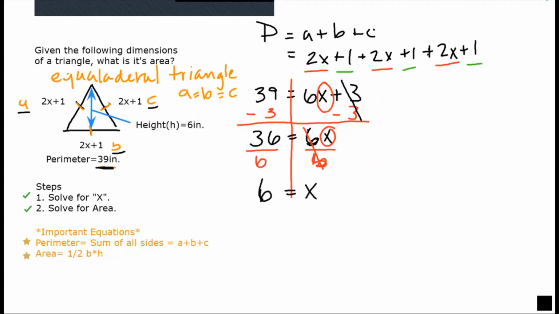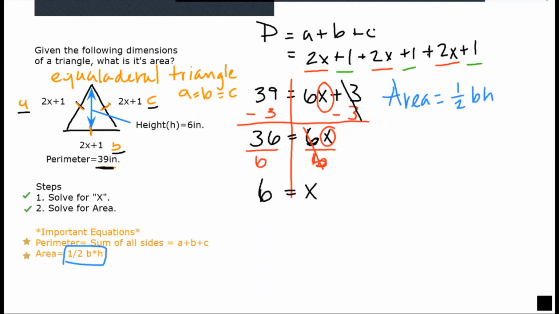All right, now let's solve for the area. For a triangle, your area is going to be 1/2 base times the height. It's one of our important equations. I'm going to write that off to the side. Area is equal to 1/2 base times height.